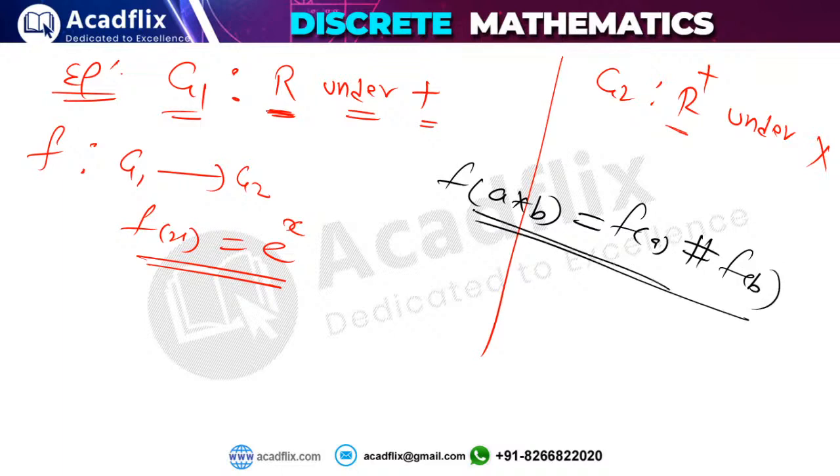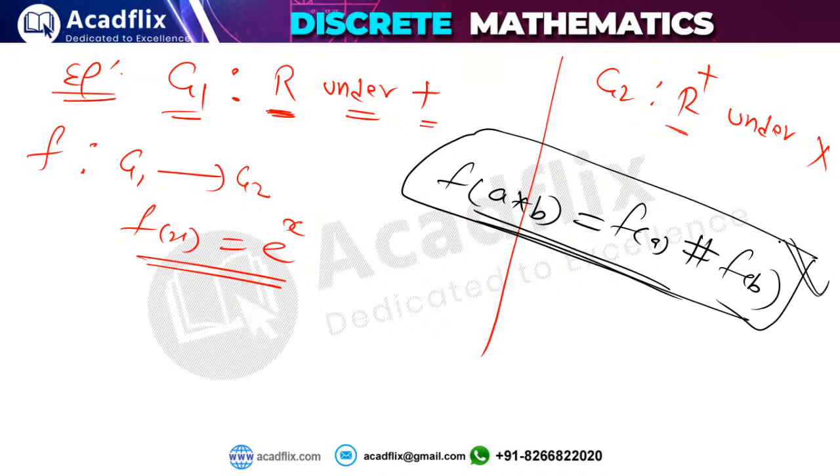If this is satisfied, then f is a homomorphism. Remember, if f is from G1 to G2, then this star is the operation of G1 and this hash is the operation of G2. This is the only thing you need. It's a very fixed, very simple definition, and we just need to check it.